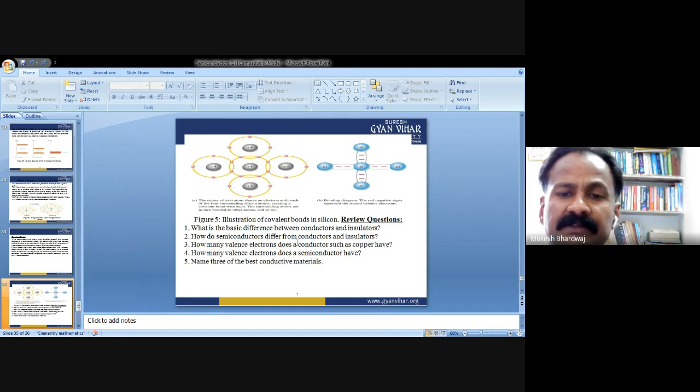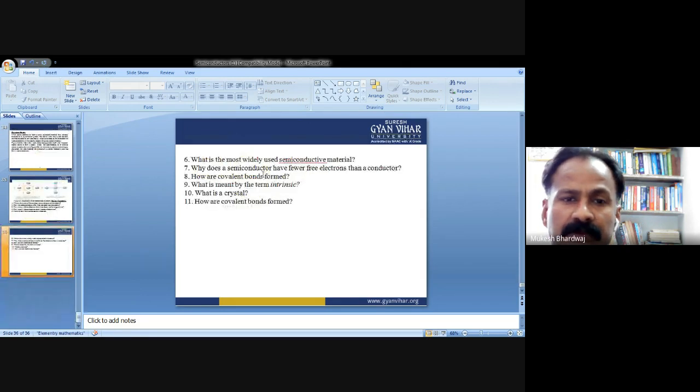How many valence electrons does a conductor such as copper have? How many valence electrons does a semiconductor have? Name three of the best conductive materials. What is the most widely used semiconductor material? Silicon is the most widely used semiconductor material.